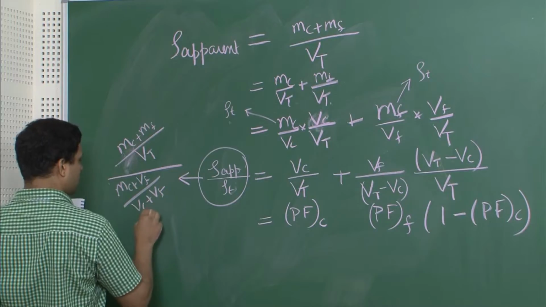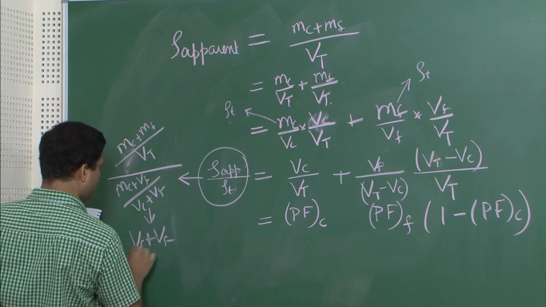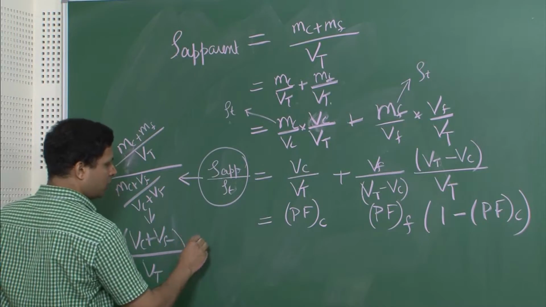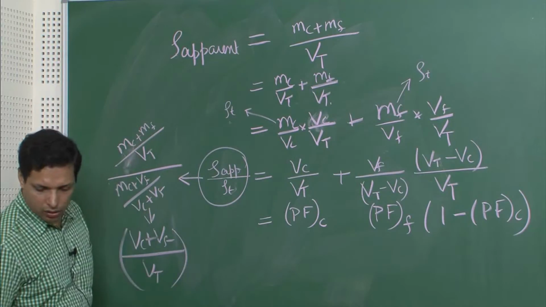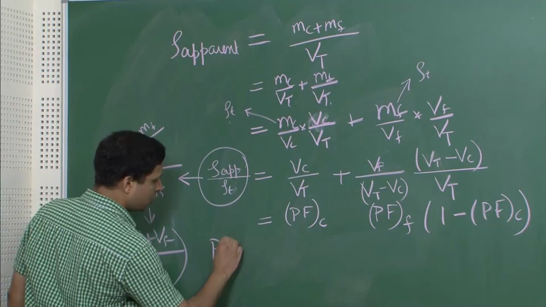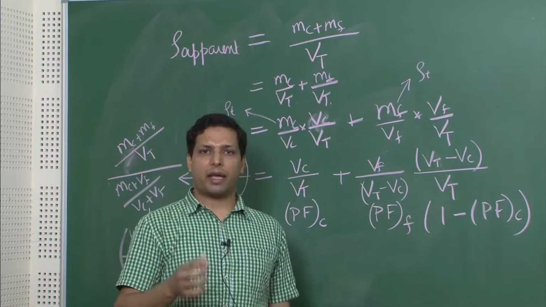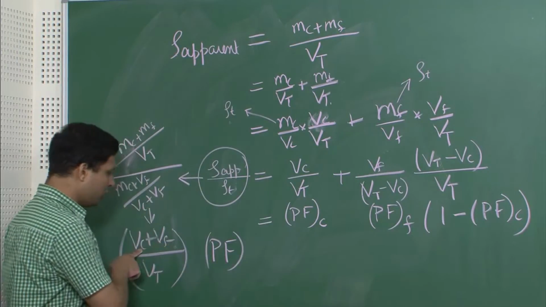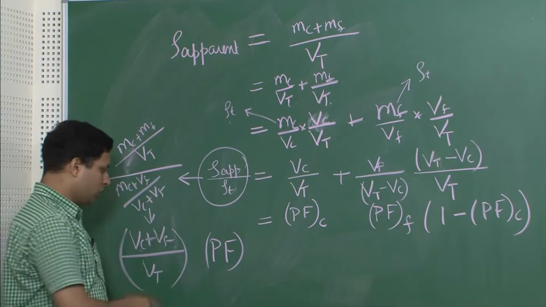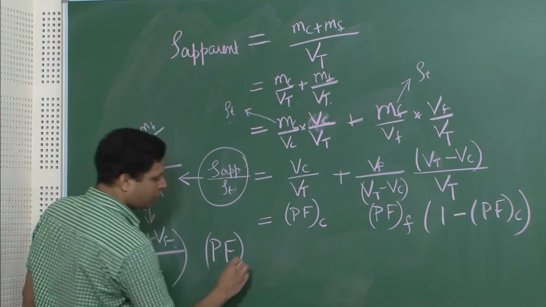So this translates to Vc plus Vf by Vt. Now, this is equal to our packing fraction apparent. This is, you can say, the overall average packing fraction of this material, because these are the volumes which have been occupied by the particles, but this was the total volume available. So that is what represents the packing fraction. So this is the apparent packing fraction.